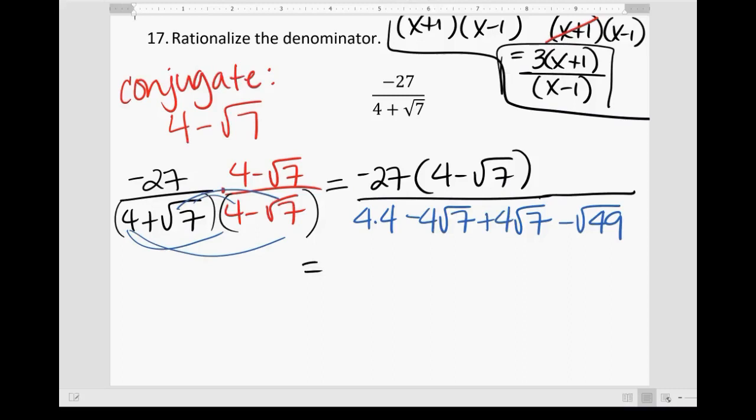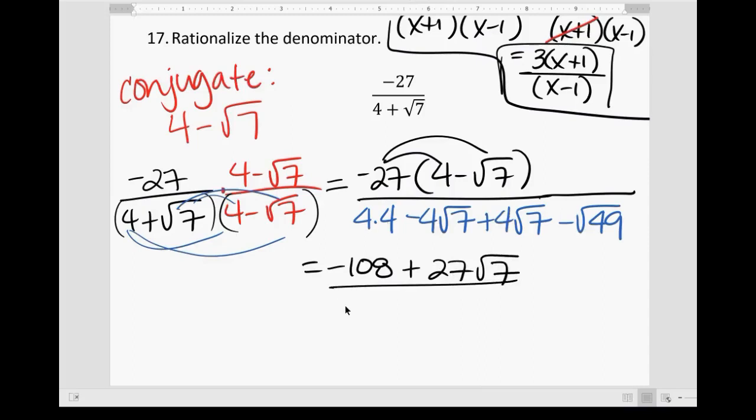Okay, so at the top I'm going to have negative 27 times 4 is negative 108. And then negative 27 times negative root 7 will be a positive 27 root 7.